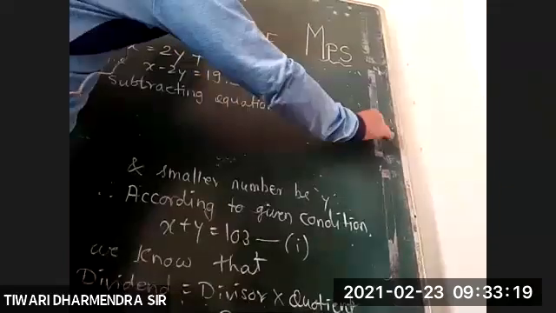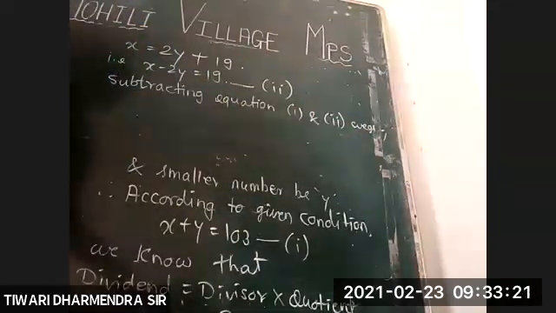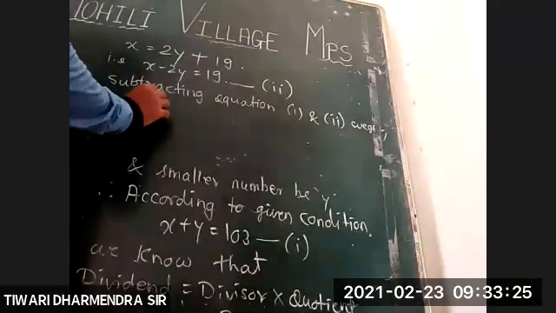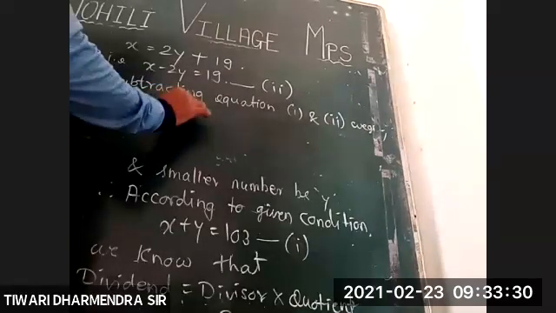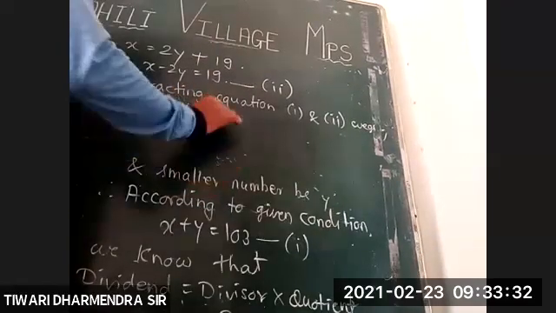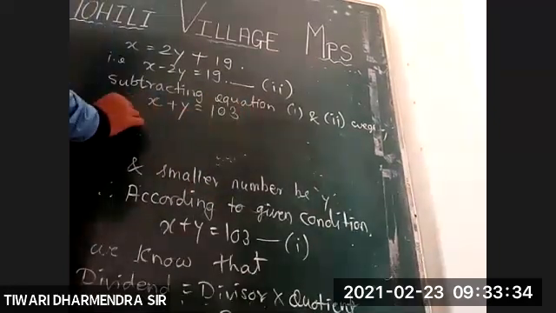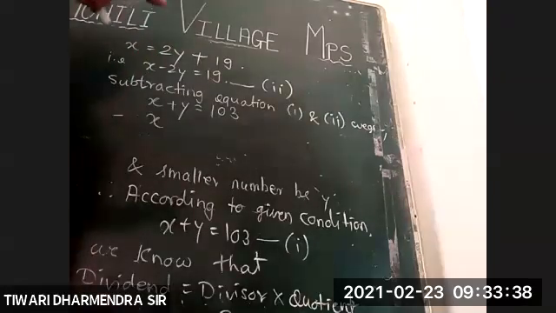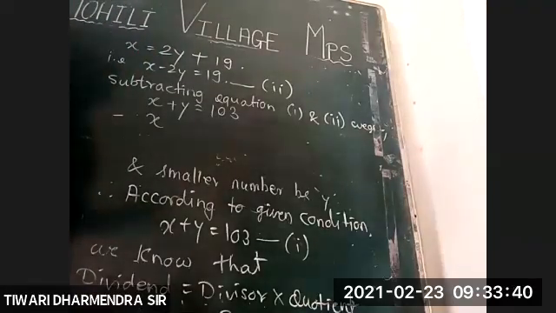We get, x plus y is equal to 103 minus, with sign changes. Whenever we subtract, the sign of the second equation changes.